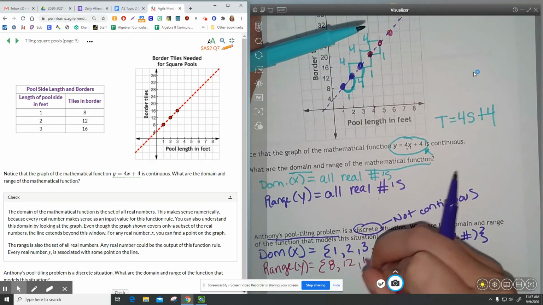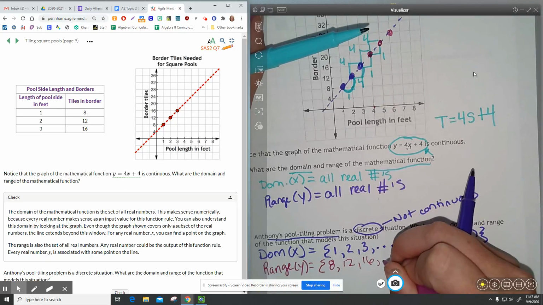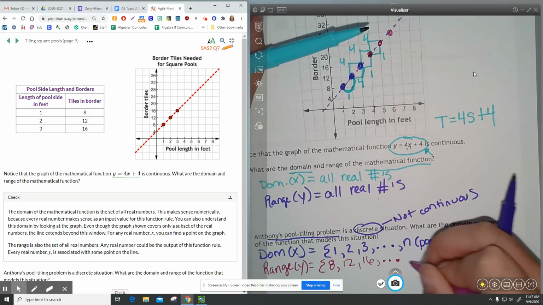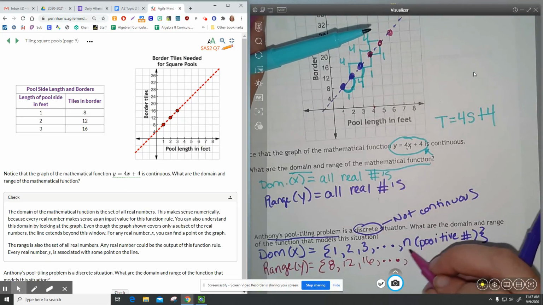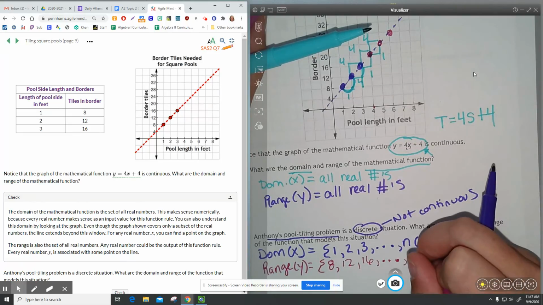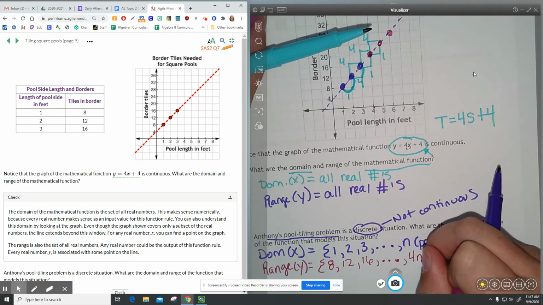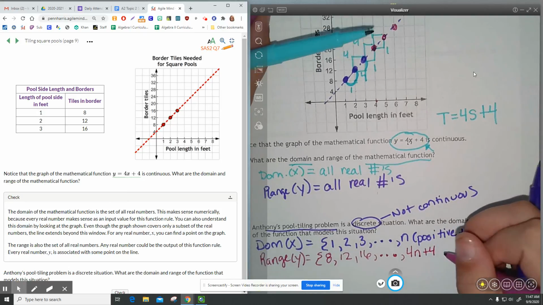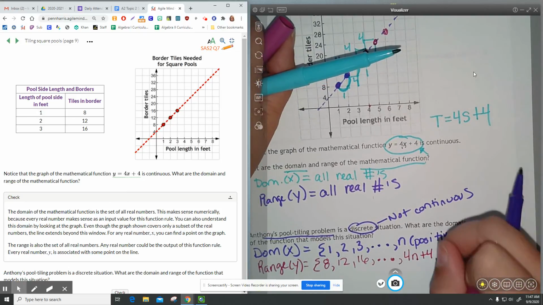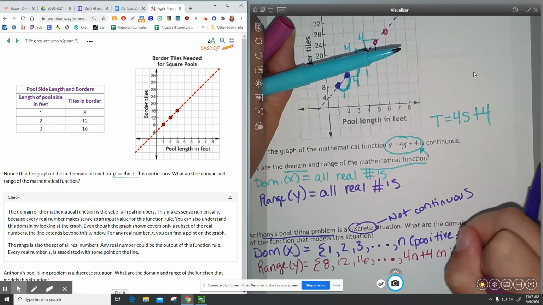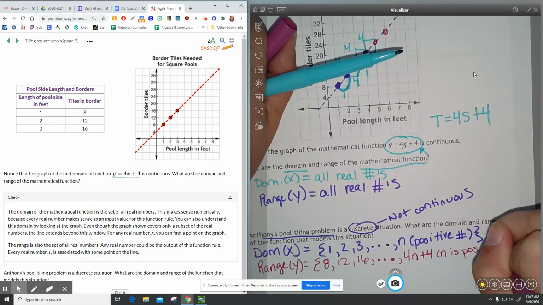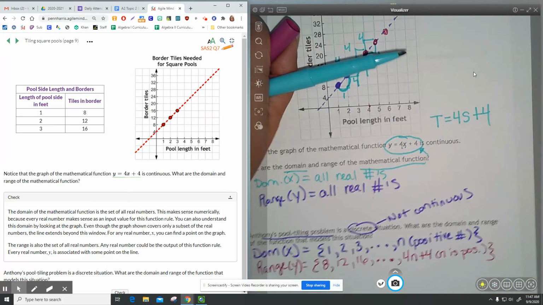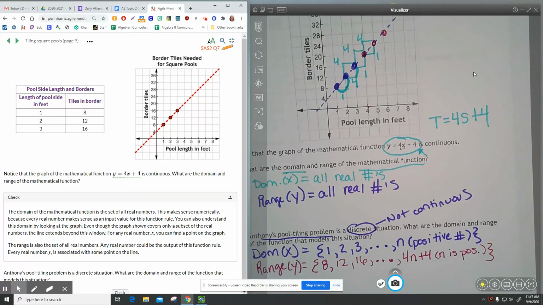And then 16. And then again, this can go on and on and on, not for just any number, but for the pattern of 4 times any number plus 4. Okay? Again, where that n is positive. That's a tough question there, guys.